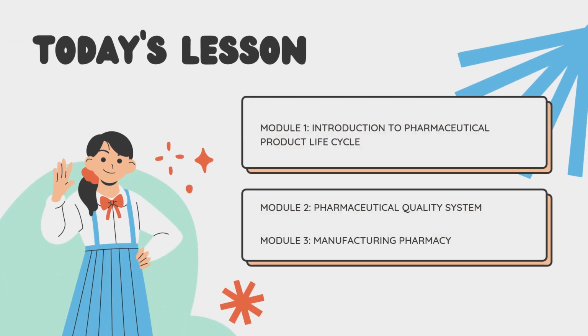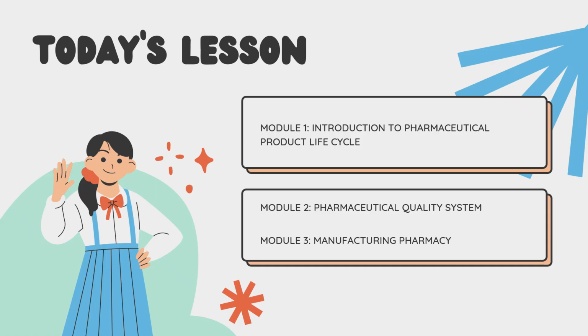Alright class, for today's session, we're going to explore three important modules, all very relevant to your future work as pharmacists, especially if you're planning to enter the world of manufacturing or quality roles. Module 1. We'll begin with the introduction to the pharmaceutical product life cycle.